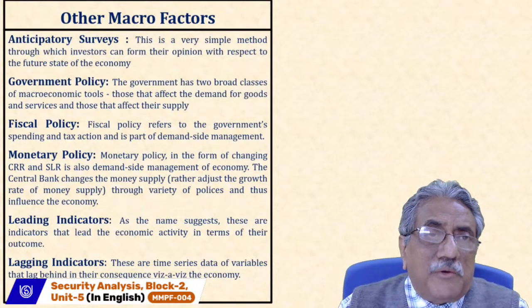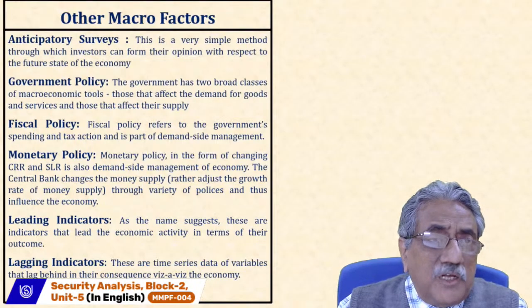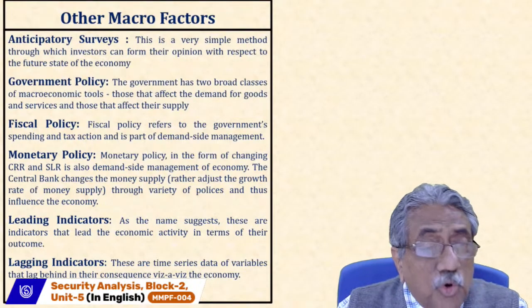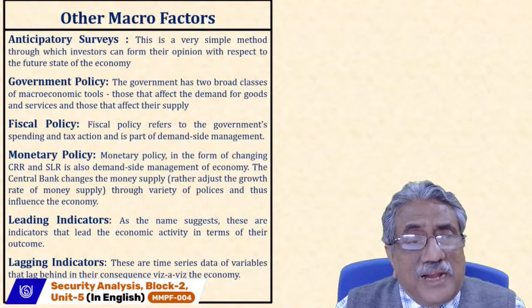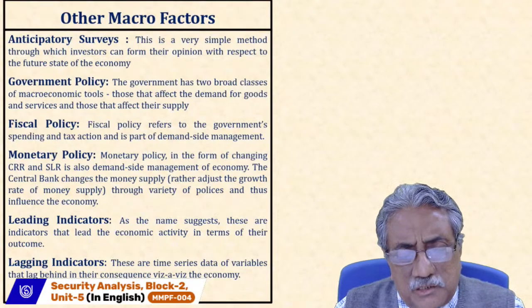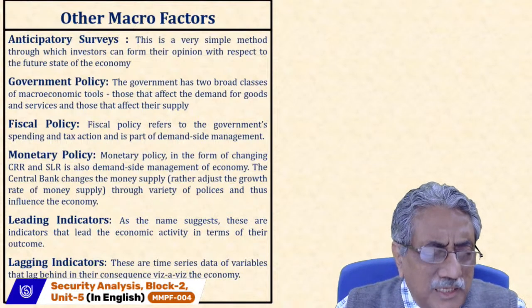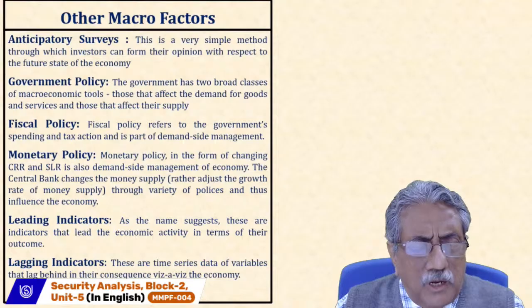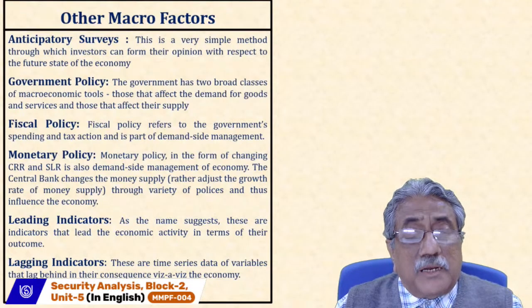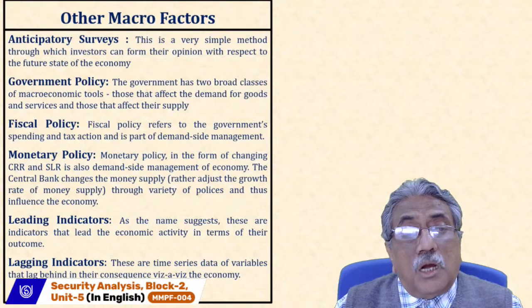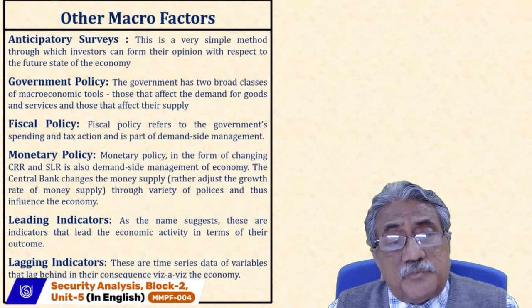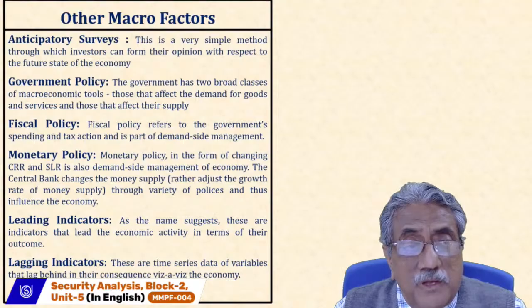Like I told you, RBI was giving some anticipatory survey that GDP will grow, inflation will come down, etc. Government policies: we have seen the government is encouraging solar, and PLI, that is, incentive on top of incentive to the manufacturers, etc. So this will bring investment into those areas.